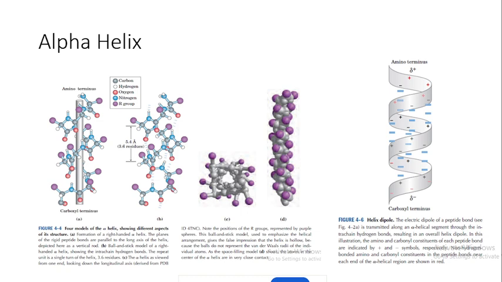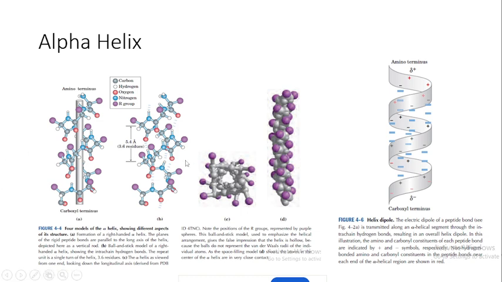Come on, it's easy. If the total length is 54 angstrom and each loop has a length of 5.4 angstrom, then how many loops are there? Ten loops, very good: 54 divided by 5.4.